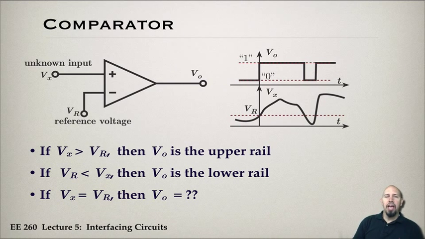So that's one way to get a digital signal out of an analog signal. This is a very simple way, called a 1-bit analog to digital converter. If we want more bits, then we have to use a more complicated scheme, but this is one way of getting an analog to digital conversion.